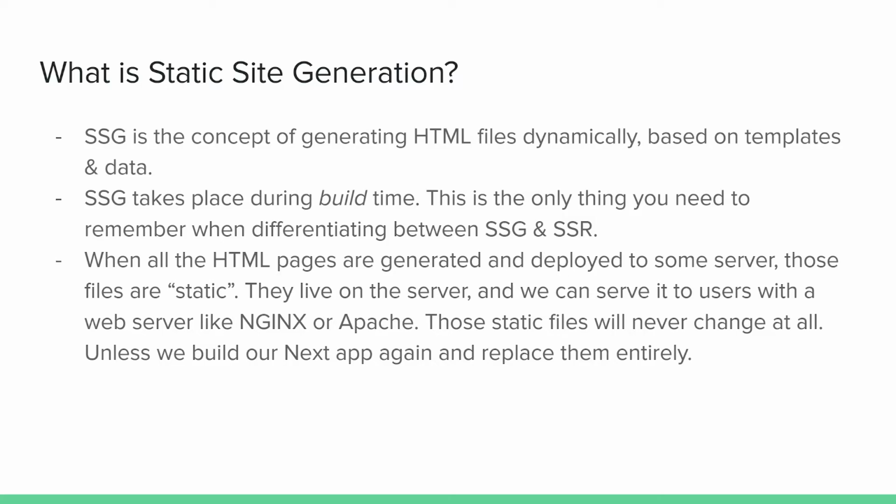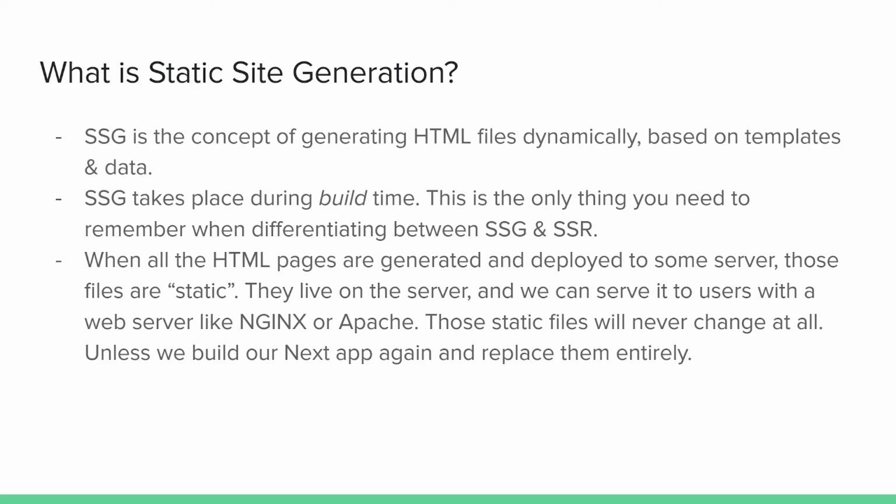Okay, so with static site generation, when you run the build script with the Next CLI tool, it's going to generate all the HTML files dynamically. It's going to generate all the HTML files based off of your React components.